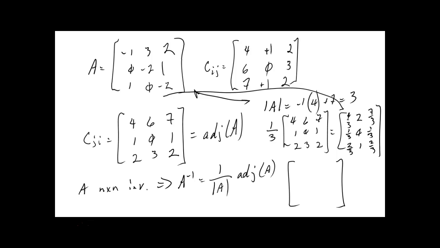But we have, let's do the 1, 1 position. I'm going to fill those in too. A 3 by 3 times a 3 by 3 is going to be a 3 by 3. Okay? So let's do the 1, 1, which would be the first row times the first column.